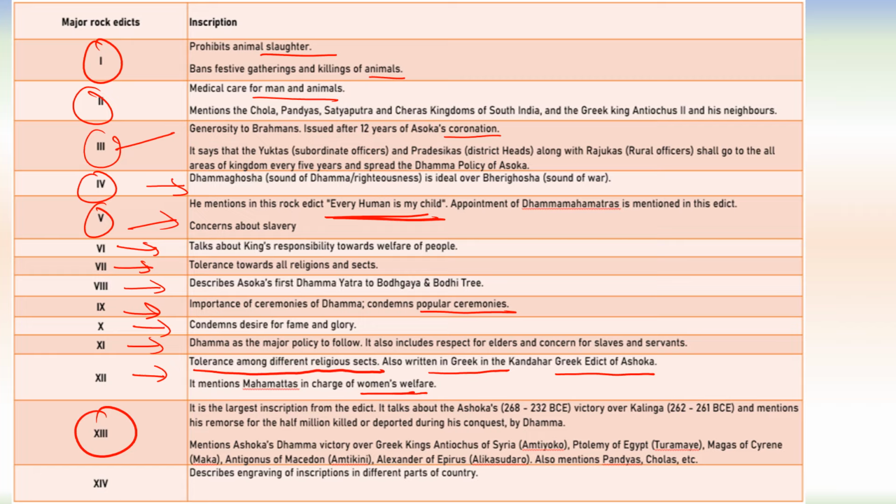It talks about Ashoka's victory during 268 to 232 BCE over Kalinga, and mentioned his remorse for the 500,000 killed or deported during his conquest by Dhamma.